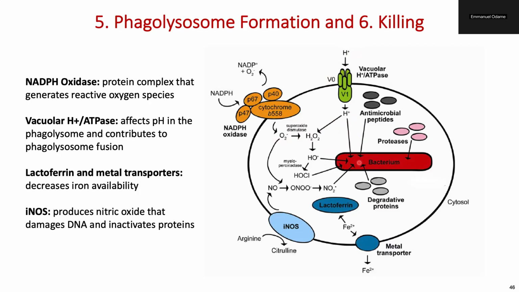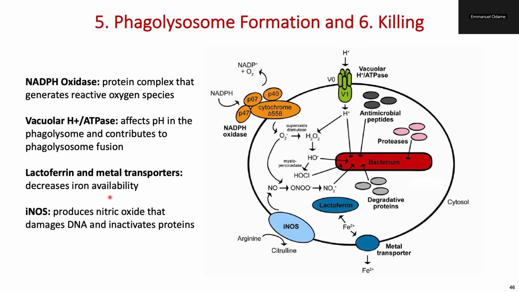Within the phagosome we also have antimicrobial peptides, which disrupt the bacteria, proteases, which break down the bacteria, and degradative proteins, also breaking down the bacteria. And one more mechanism is the activation of metal transporters.